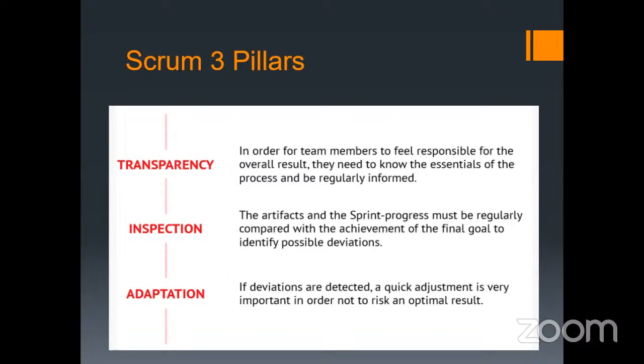So when we discuss the Scrum artifacts and Scrum events, all these three pillars will become clearer to you. So the three pillars are transparency, inspection, and adaptation. Whatever is there must be known to every team member. They should always check the progress, and if there is any deviation, then adapt to it.